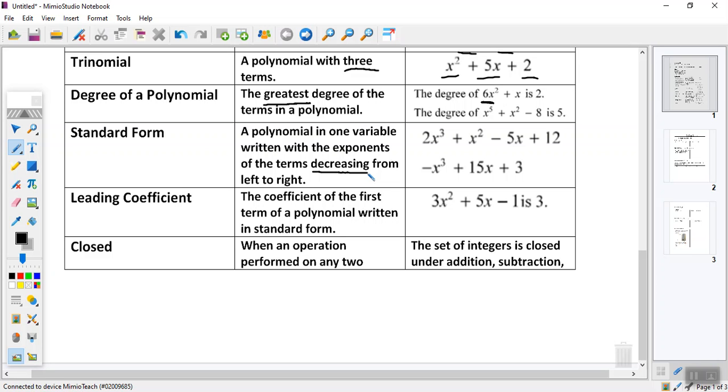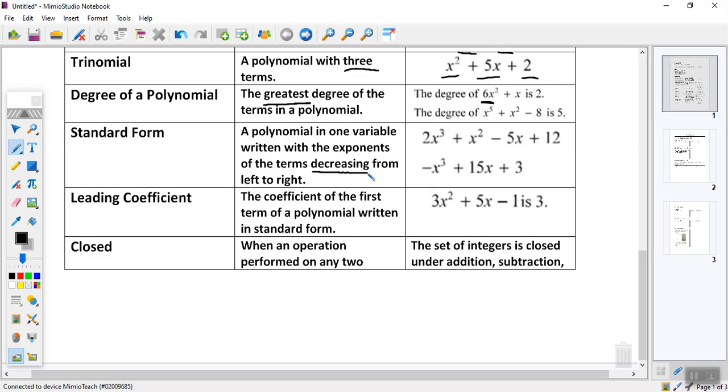They decrease. So the highest power should be out front, and anything that's degree 0 should be out on the end. Any constant should be on the end. So these are examples of standard form right here: negative x to the 3rd plus 15x plus 3. And we'll look at some examples about putting them in standard form. Standard form means start with your highest power, work your way down to the lowest power, or degree.